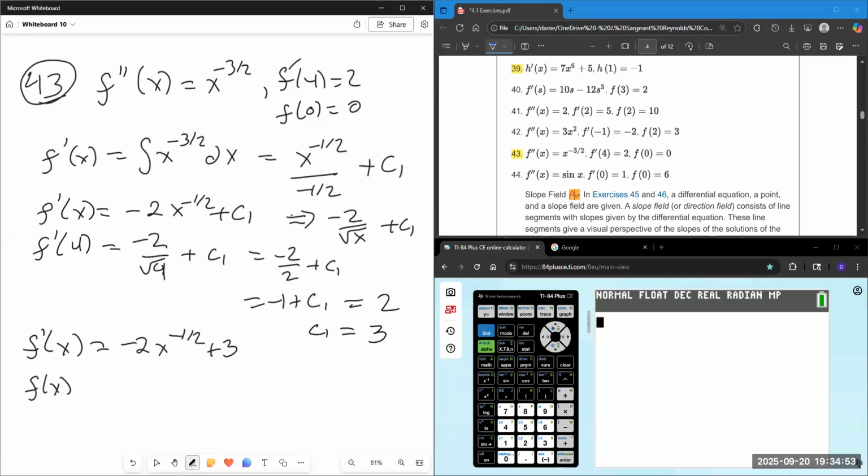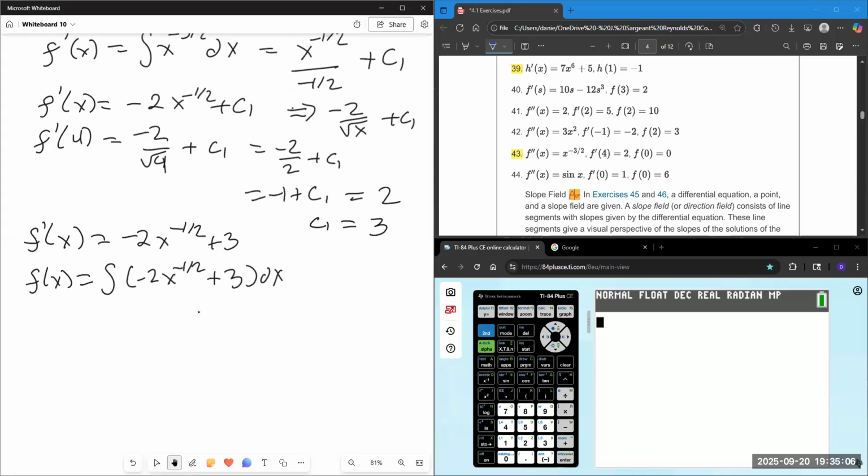F of x will be equal to the integral of negative 2x to the negative 1/2 plus 3 dx. So f of x is negative 2 times the integral of x to the negative 1/2 dx plus 3 times the integral of dx.